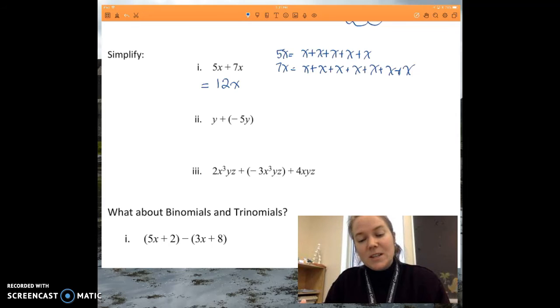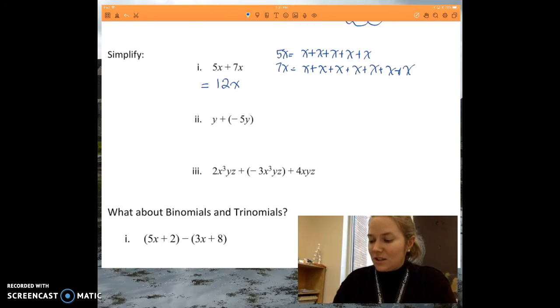You couldn't add them together. And that's exactly what these like terms are. If the variables and exponents are not exactly the same, they're like the oranges that are being added to your equation. You have to just leave them as oranges. You can't make them into apples. Okay, so you have to be very careful. Again, it's a lot like adding and subtracting fractions. These specific rules have to be followed. Let's look at the next one.